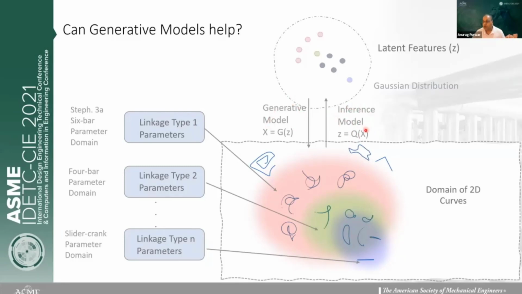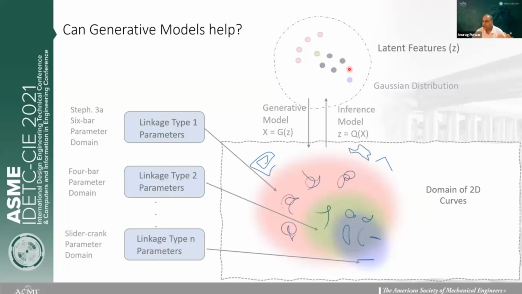So the inference model's job is to basically learn the probabilistic distribution of the coupler curve. So you can see that these different regions, the purple, green, and the pink, map to different parts in a much smaller dimensional space called latent space, okay? And then these become basically singular vectors in there.